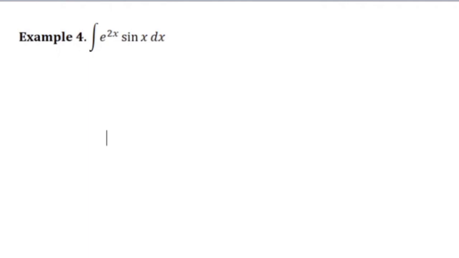Example number 4, we have the integral of e raised to 2x sine x dx. So I am going to let this exponential part here as u and this part here as dv. So u is equal to e raised to 2x and dv is equal to sine x dx.